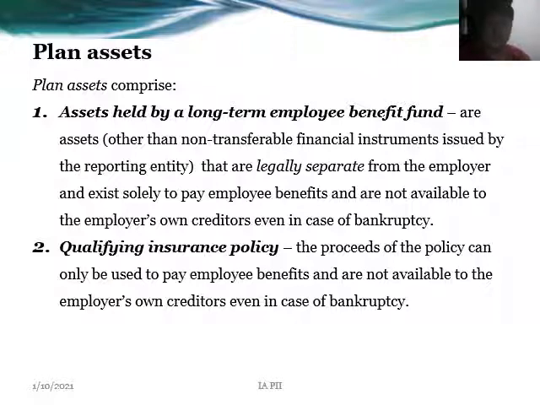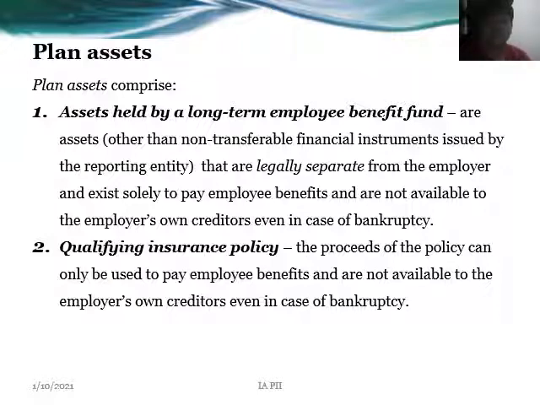Number 2, qualifying insurance policy. The proceeds of the policy can only be used to pay employee benefits and are not available to employer's own creditor and in case of bankruptcy. So, katulad din nung nauna, yung fund na sinet aside, basically the same din. Yung proceeds ng insurance na kinuha should only be used to pay yung benefits ng employee.